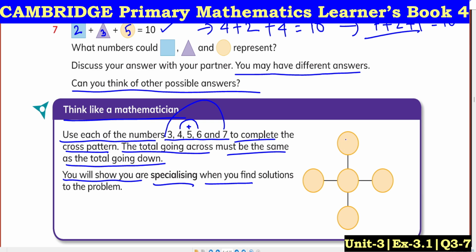So we can write 3, then 5 and 7. 3 plus 5 is 8, plus 7 is 15. Same thing, 4, 5, 6: 4 plus 5 is 9, 9 plus 6 is 15. So this is very interesting math. You have to handle this one carefully.